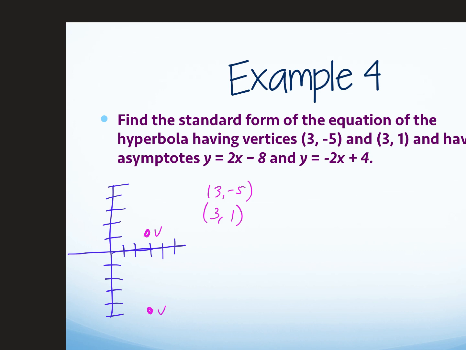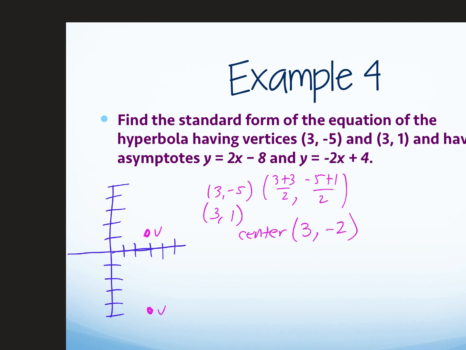We're going to say 3 plus 3 divided by 2 and -5 plus 1 divided by 2. So my center's at 3 plus 3 is 6 divided by 2 is 3, comma, what's -5 plus 1? -4 divided by 2 is -2.